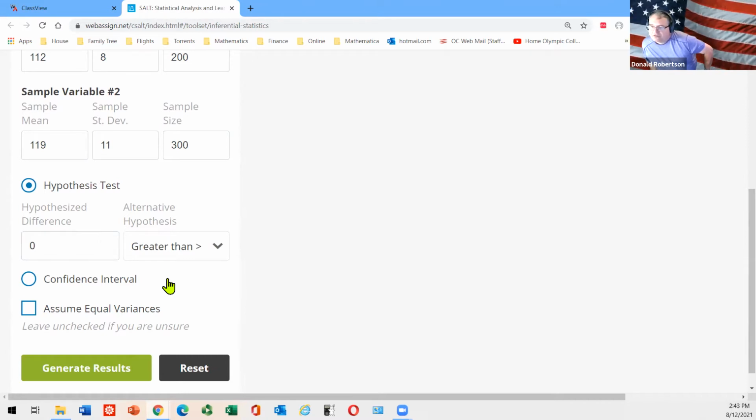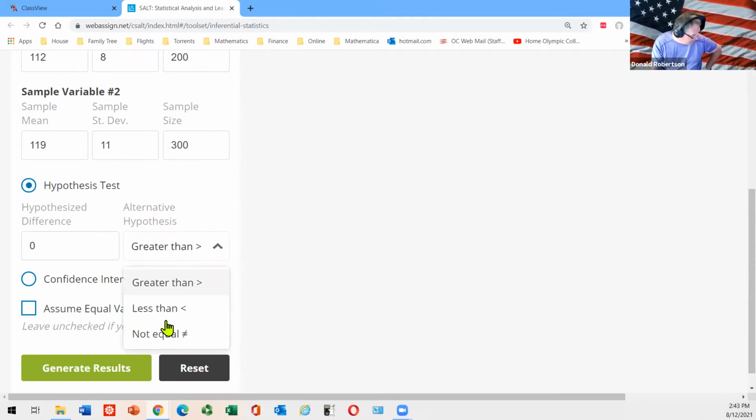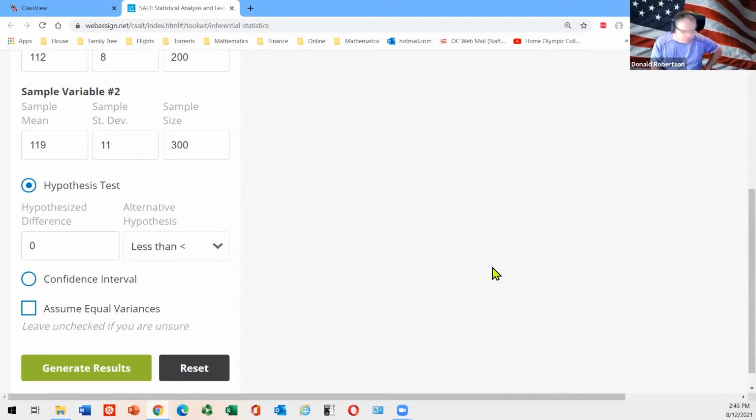But if America is first and Scotland is second, and America is a little number and Scotland is a bigger number, aren't you looking to prove that the difference between them is less than 0? Less than 0 means the first is smaller than the second. Greater than 0 means the first is bigger than the second. And not equal to 0 is just that the first is different from the second. So that's one of the things you've got to watch.